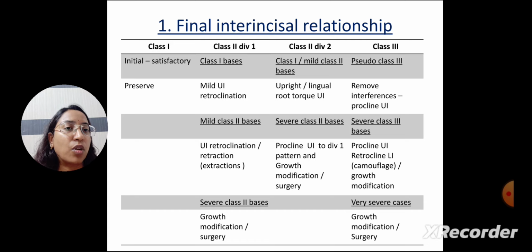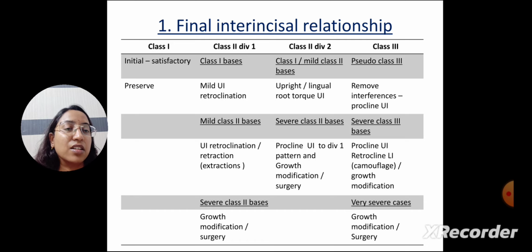Another problem could be an edge to edge relationship, which is unstable, so the lower jaw will tend to move forward. This can be eliminated by proclining the upper incisors so that the edge to edge relationship is modified into a positive overjet. Because the relationship of the upper and lower incisors is then more stable, the mandible will not move forward.